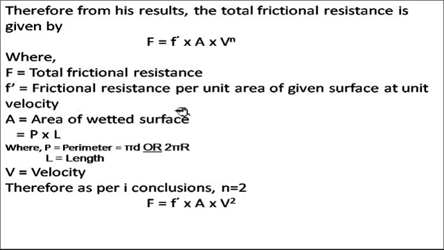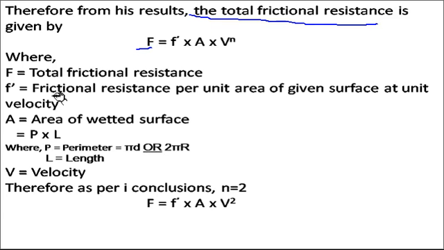Therefore, from the results of Froude's experiment, the total frictional resistance is given by this formula. F is equal to F dash into A into V raised to N, where capital F is the total frictional resistance. This total frictional resistance is offered when the fluid flows through the closed passage.